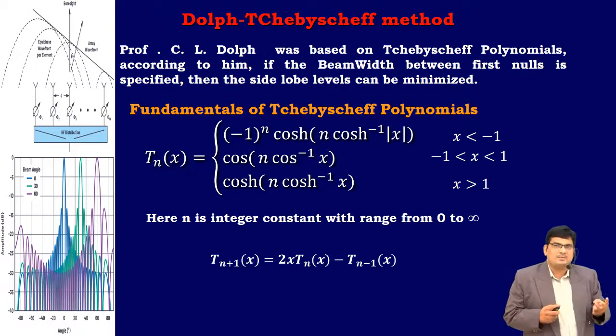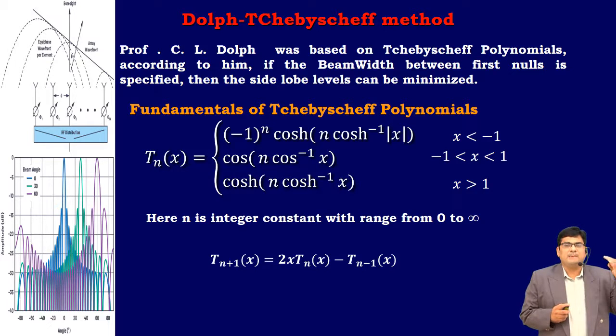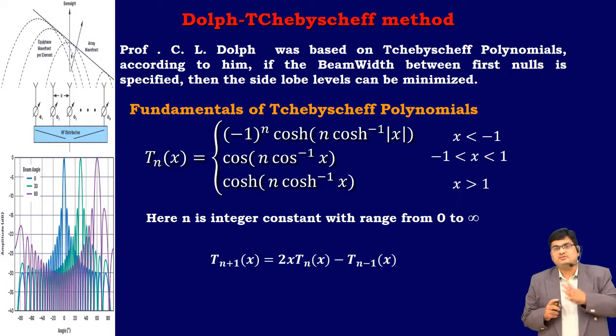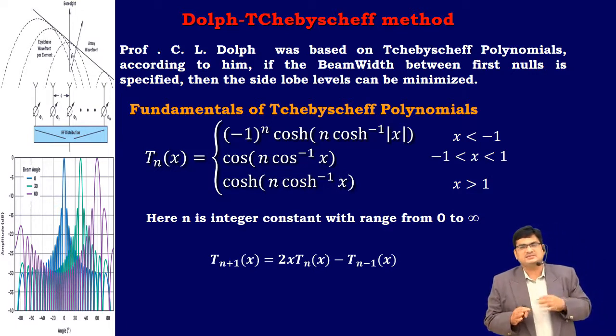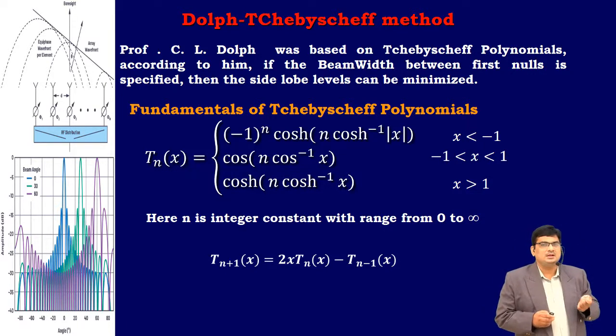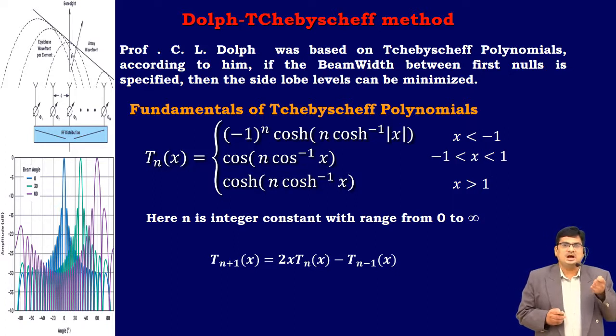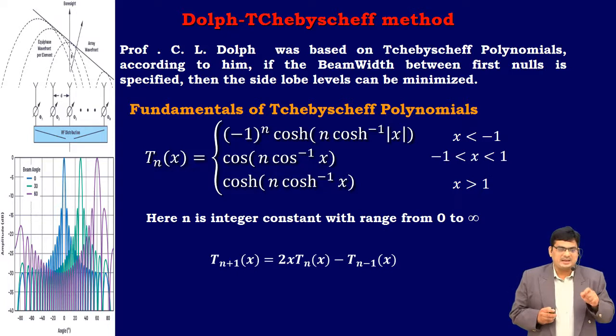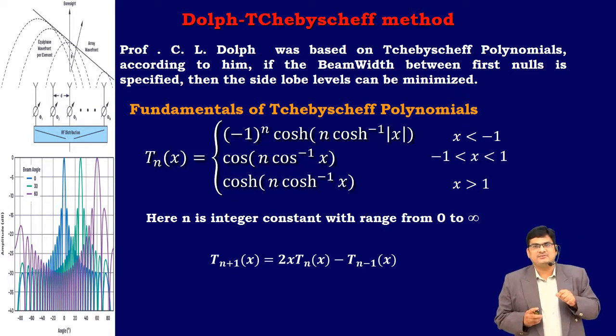There is another formula also. Up to n equal to 4, we can find the Chebyshev polynomials using the above equations. But beyond that, for 5, 6, 7, there is another formula: Tn plus 1 of x is equal to 2x into Tn of x minus Tn minus 1 of x.